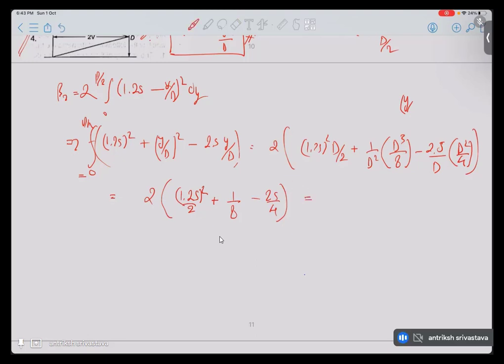So what is the answer now for this? 1.25 square divided by 2 plus 1 by 8 minus, oh sorry, 2.5 by 4.